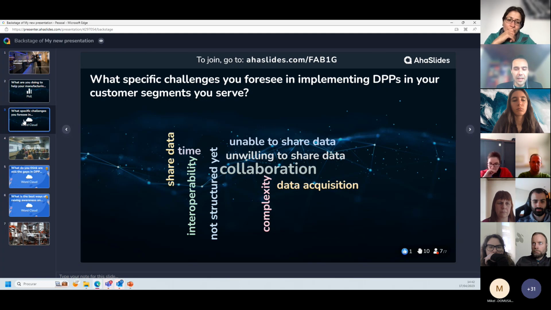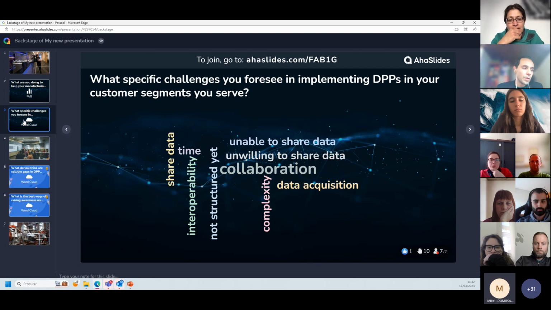We mentioned in the presentation that for now, for example, the IPC doesn't have any method of IP management, and that can be a problem that needs to be solved if we want the value chain partners to share data.